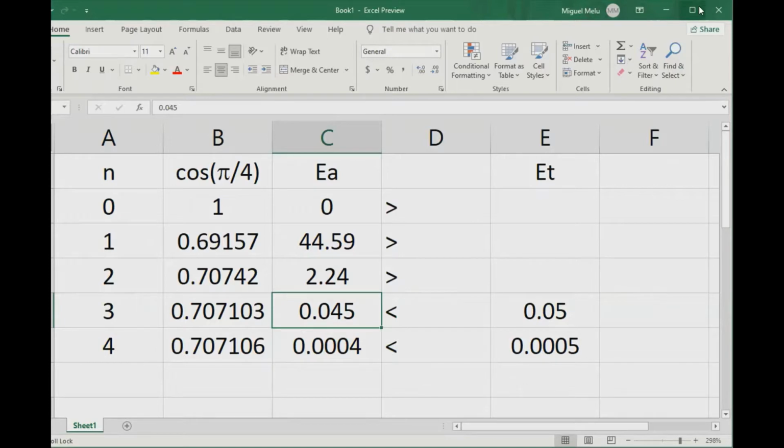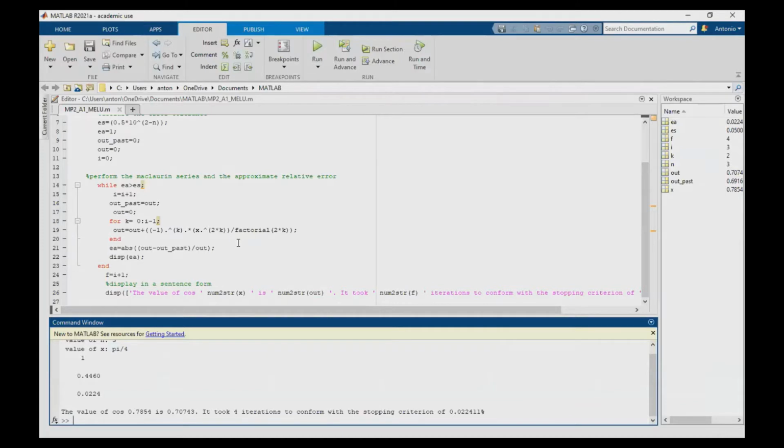The error can be computed, as I said earlier, by the present value minus the past value over the present value.